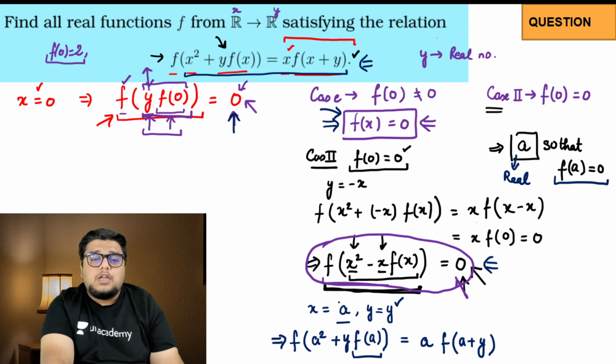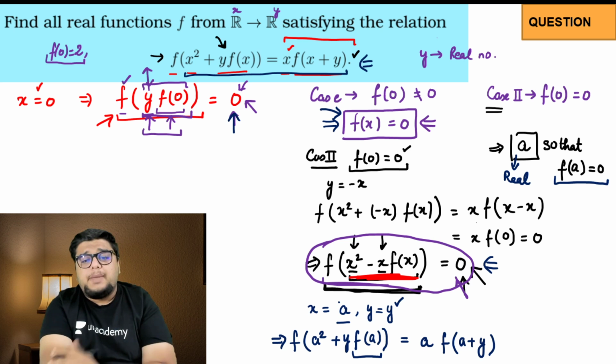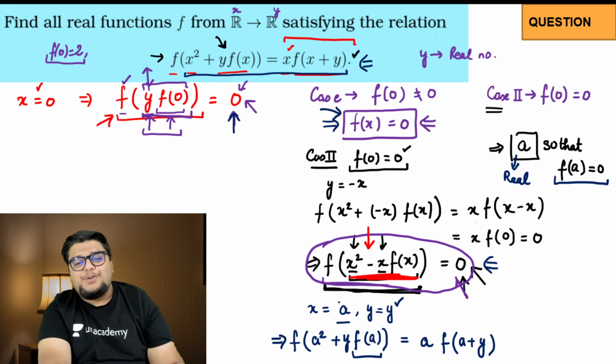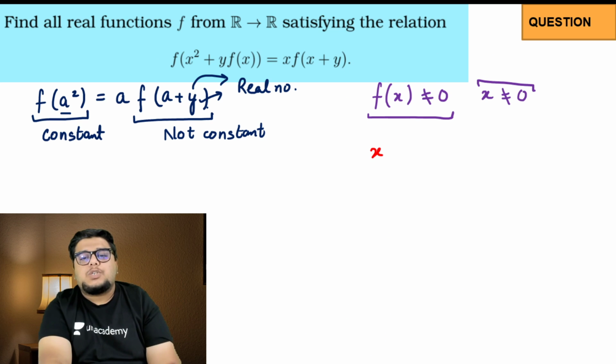So that means the part inside this is basically 0 because f of 0 is 0. And if this is coming out to be equal to 0, that can only happen if the inside part is equal to 0. That means x square minus x times f of x is equal to 0.